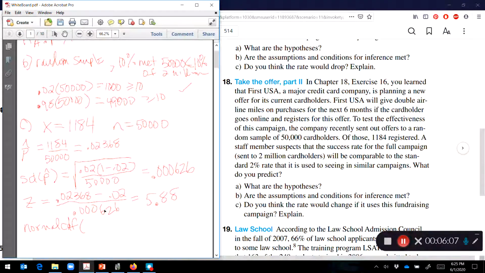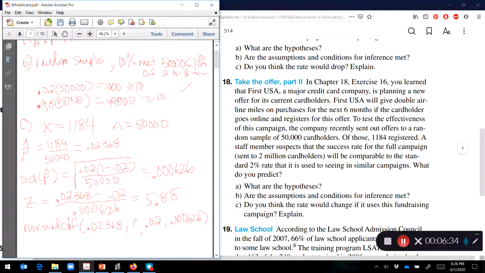If I'm using the calculator, I go normal CDF, 0.02368, comma, 1, comma, 0.02, comma, 0.000626. Those are lower bound, upper bound, mean, standard deviation.